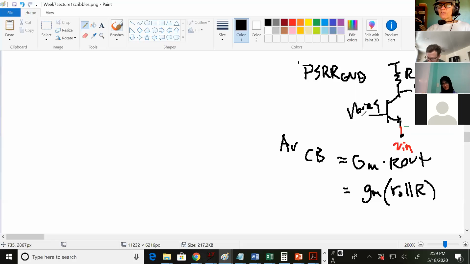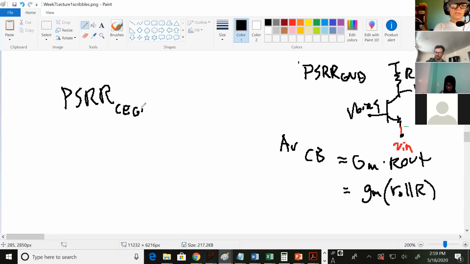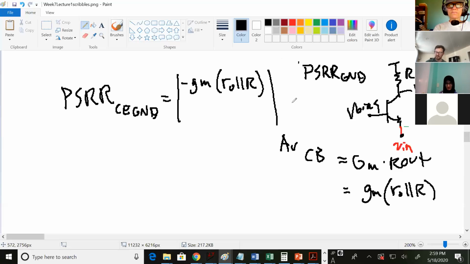Since you're trying to amplify the signal coming in on the input, you want this gain to be much bigger than the gain from ground. Let's see, our power supply rejection ratio for a common emitter from ground. We have, usually it's absolute value, minus gm (RO parallel R) for the gain we want.